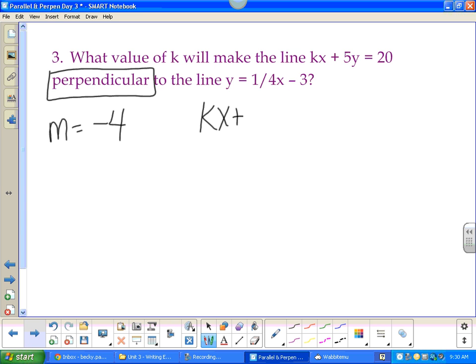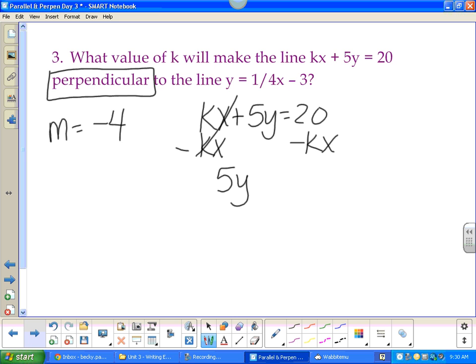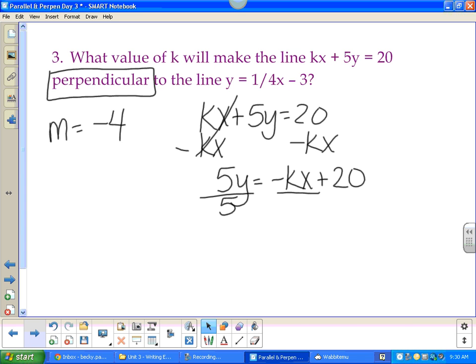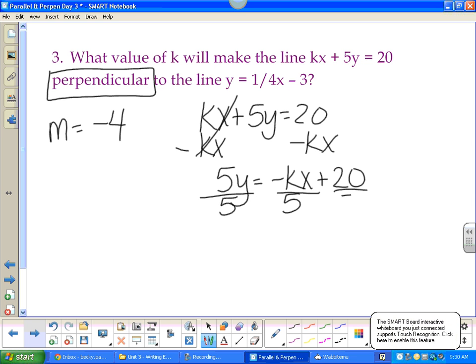So I take my kx plus 5y equals 20, and I solve for y. So y equals negative k over 5x plus 4.